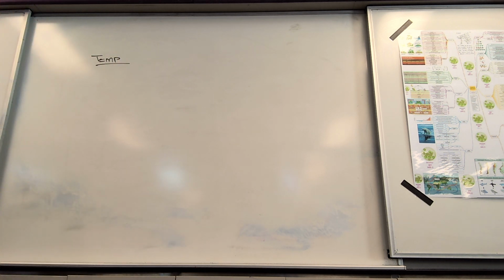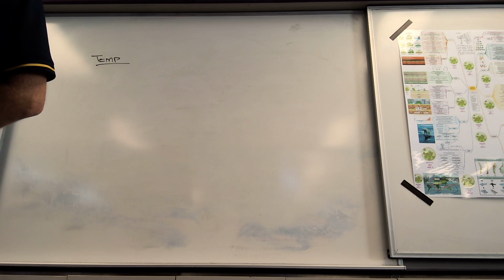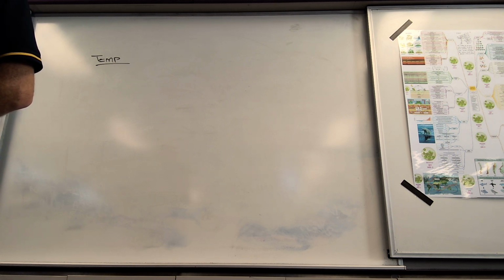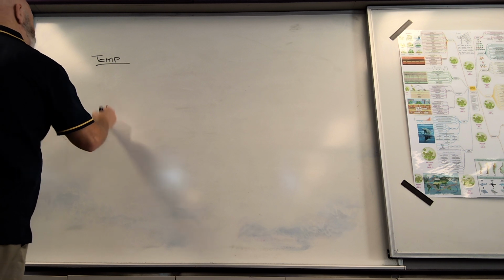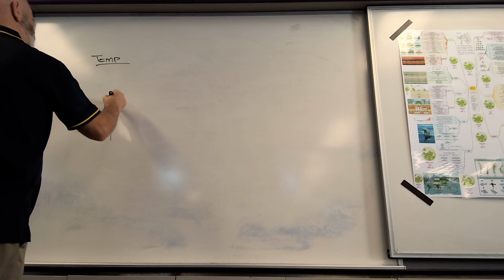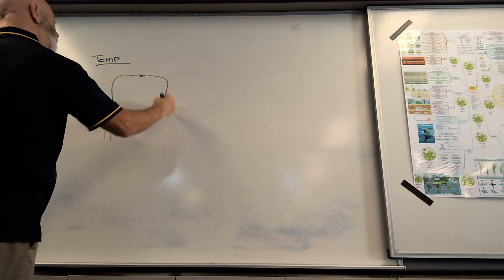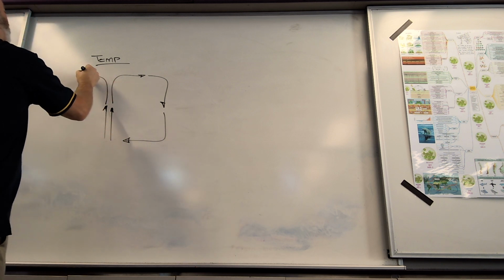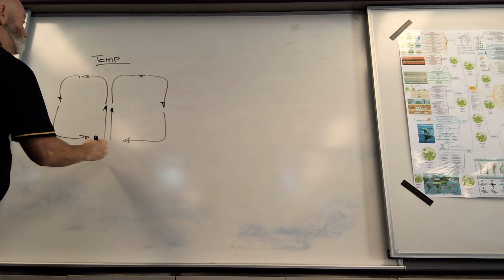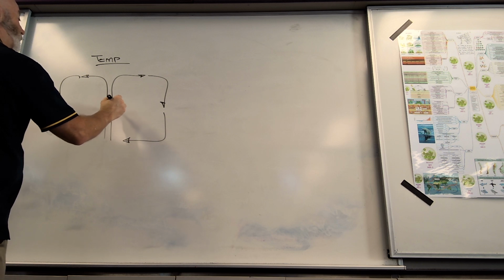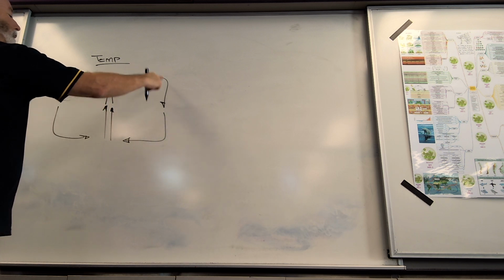What is the general name for the movement of water up and down? Do you need a clue? Starts with C. Convection what? Convection current. The convection current looks like this. Here, water is moving up and then it moves down.